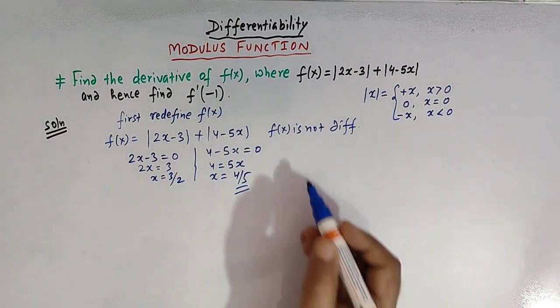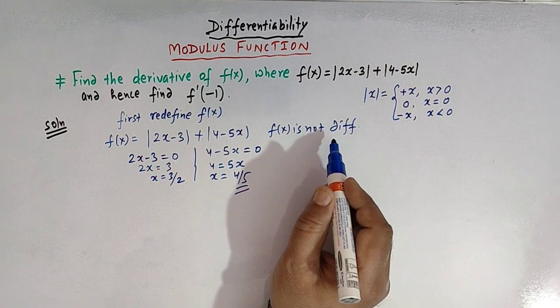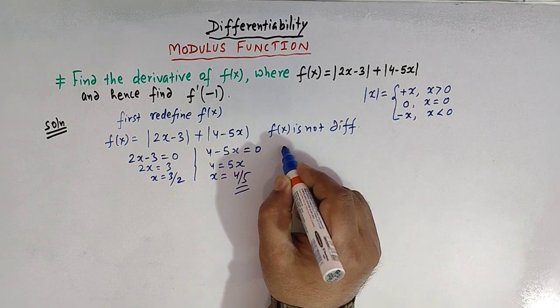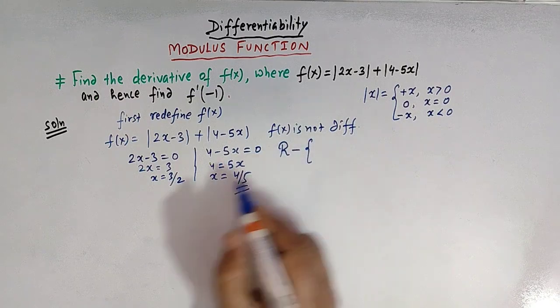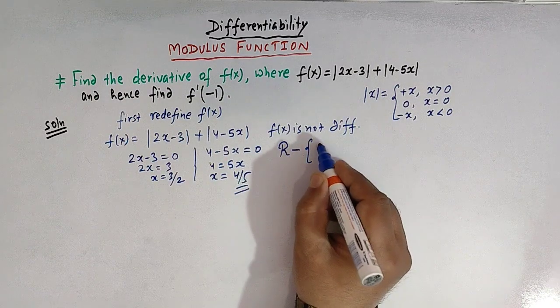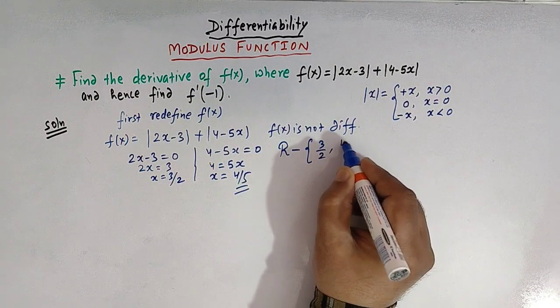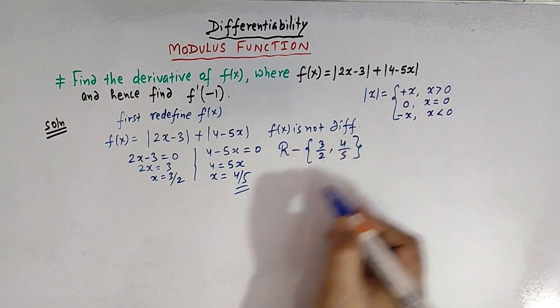Now we can say that f(x) is differentiable in R excluding these two points, 3/2 and 4/5.